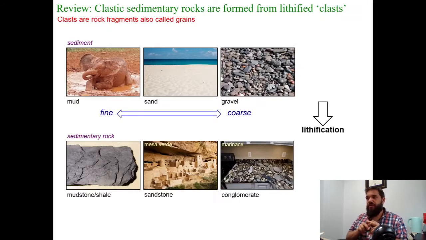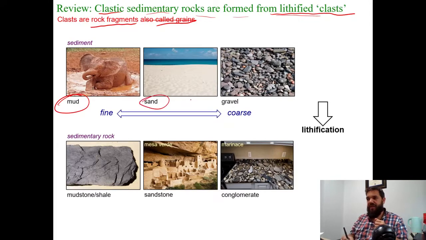Okay, so a little review of clastic sedimentary rocks. They're formed from lithified clasts. Clasts are just rock fragments or grains, particles. They're just the little pieces of broken rock and mineral from which the sedimentary rock is built up, right? And you can have really fine grained clasts like mud.